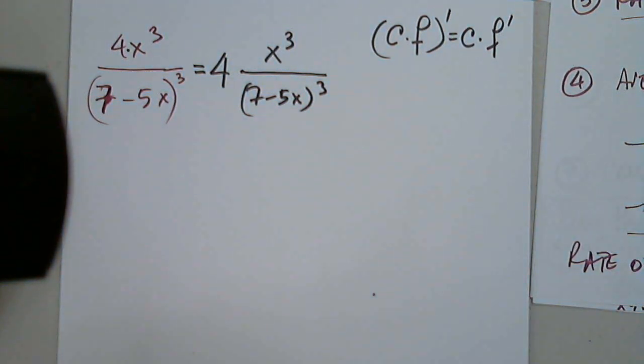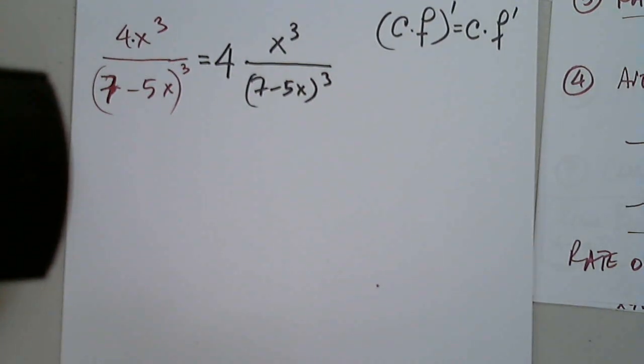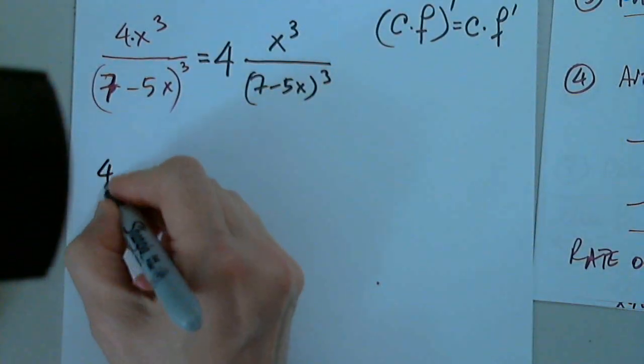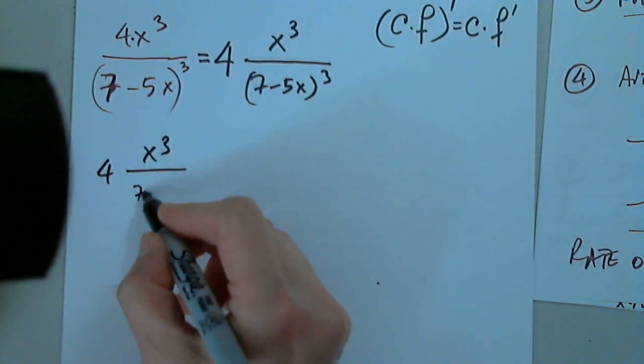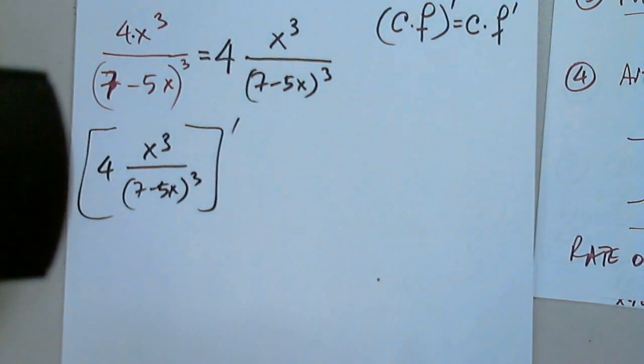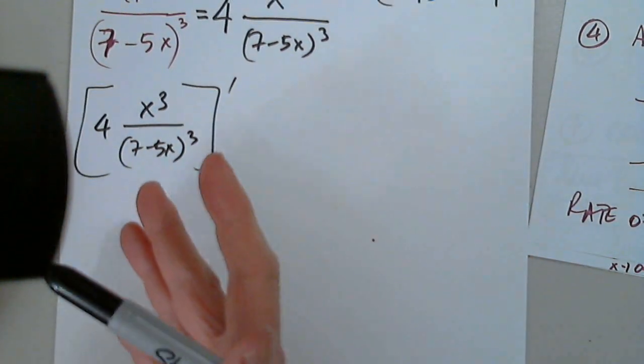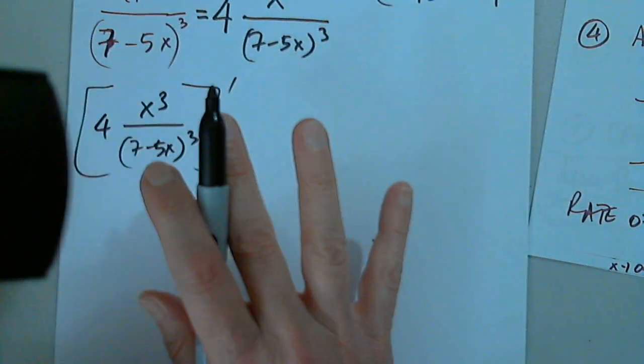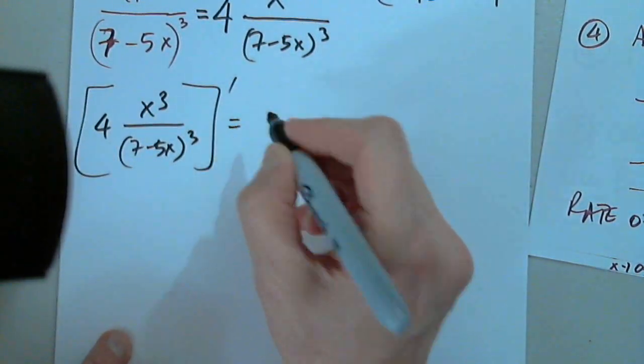It will not go away, but not involving the constant will make our life easier. Is that okay so far? Yes. Okay, so then we have 4x to the third over 7 minus 5x to the third, and we want to differentiate. I could change it also into a product, but let's do what we see here.